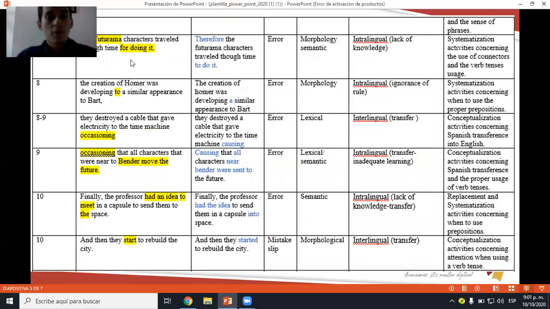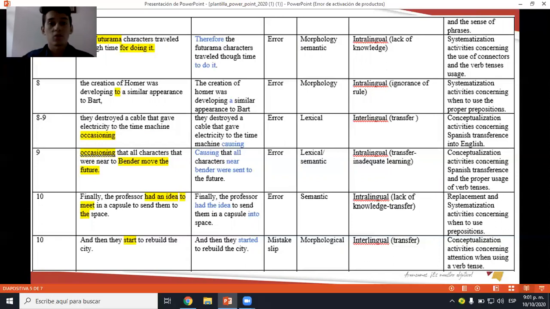On the next page, I also found some mistakes concerning morphology, related to the use of connectors. They weren't using connectors in a proper way, so the writing production was a little bit confusing.